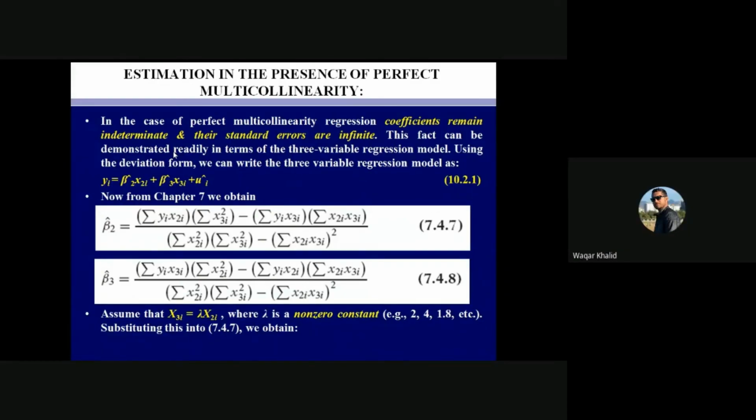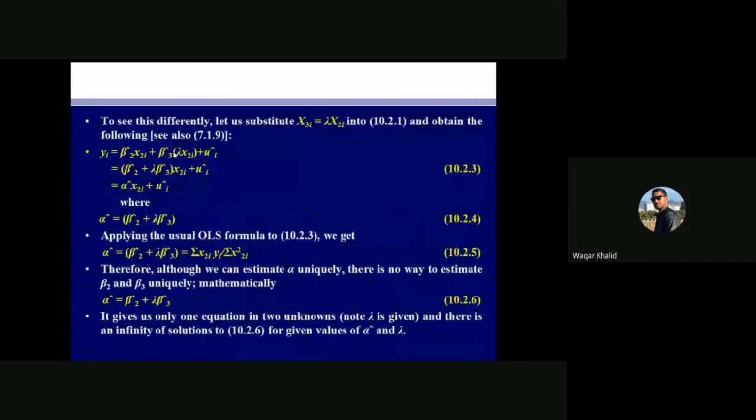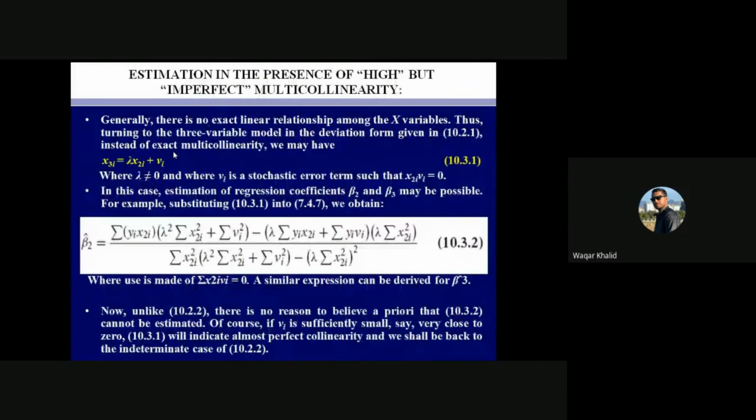Okay, now what we are doing is just adding the vi term to the same model. Then we can say that yes, now we can estimate beta 2 and beta 3 because we have added vi.